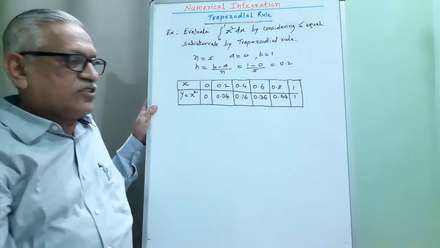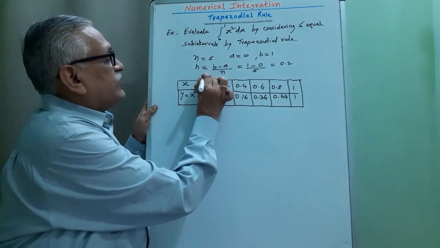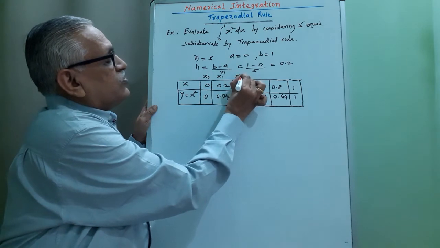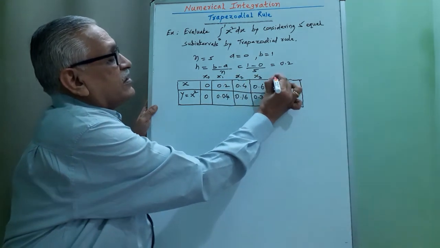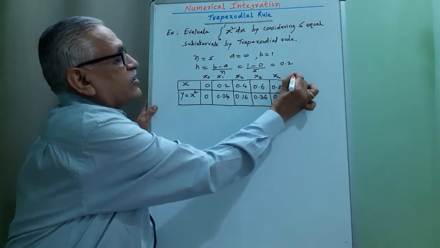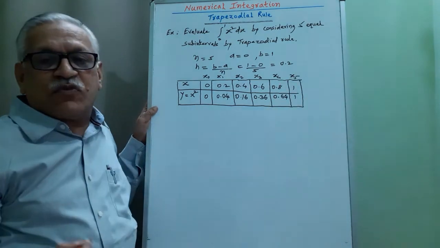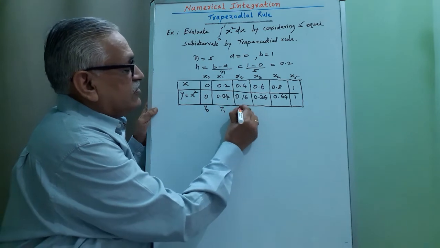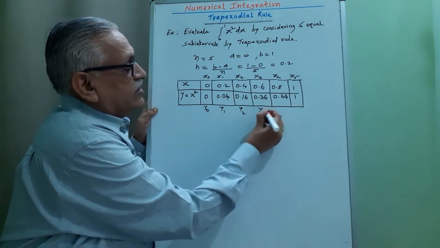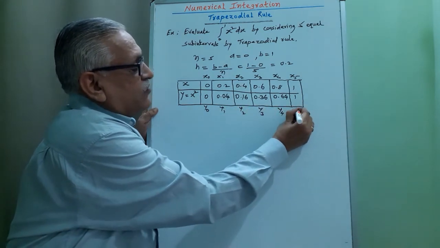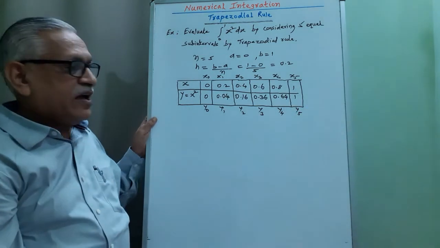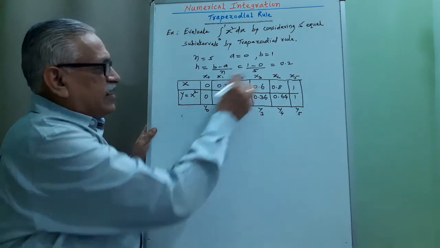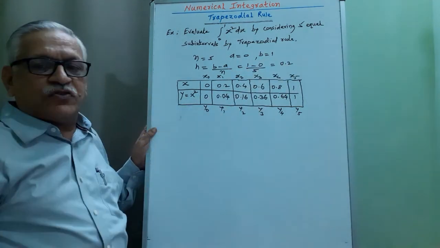And for easy calculation, we mention that first one is x0, next one x1, x2, x3, x4 and x5. And the corresponding values of y are y0, y1, y2, y3, y4 and y5. And then by trapezoidal rule, first we find h. Already I have calculated the value of h as 0.2.